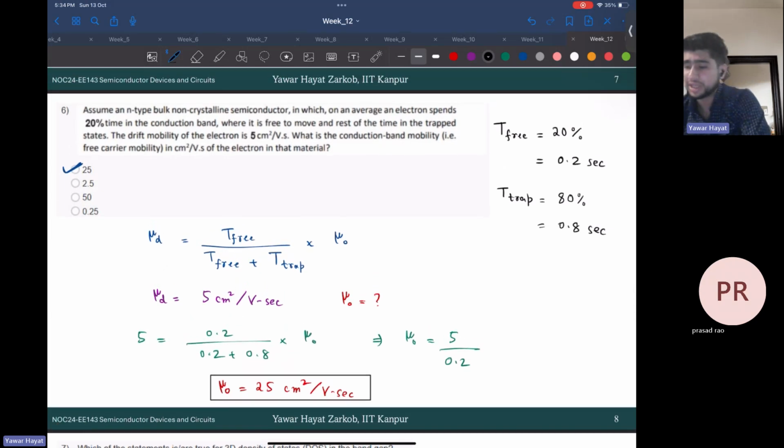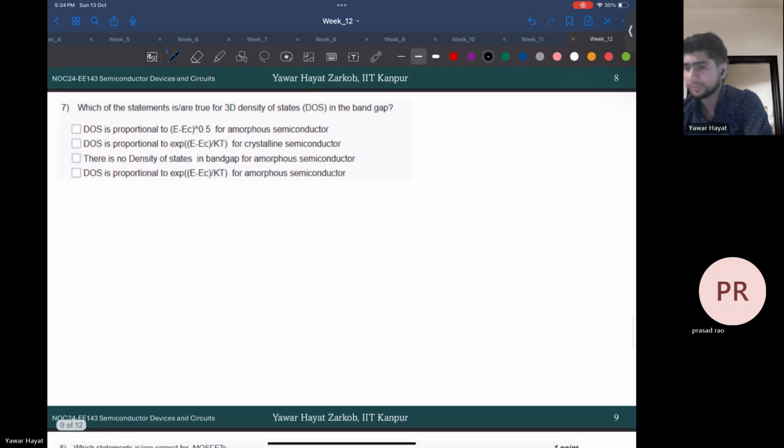So now the next question. Okay, so this again could be a question in which multiple options could be correct. Which of the statements is or are true for the 3D density of states in the band gap?